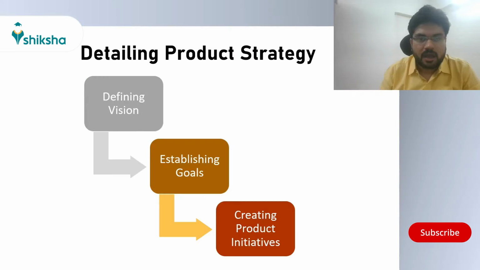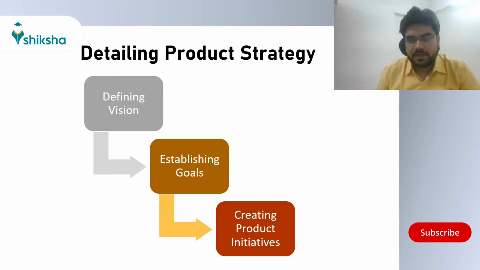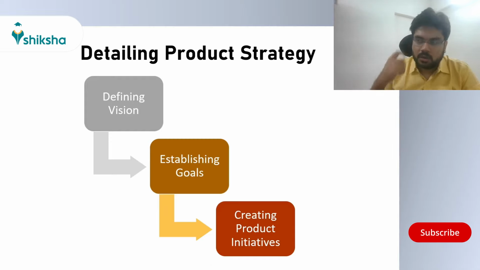Now after that, you go on and establish the goals that you have. So say if you are a product manager in Airbnb and your goal is to increase the number of bookings in Airbnb. So how will you go on to establish that goal, and how do you go on creating certain product features or product initiatives based on those goals?